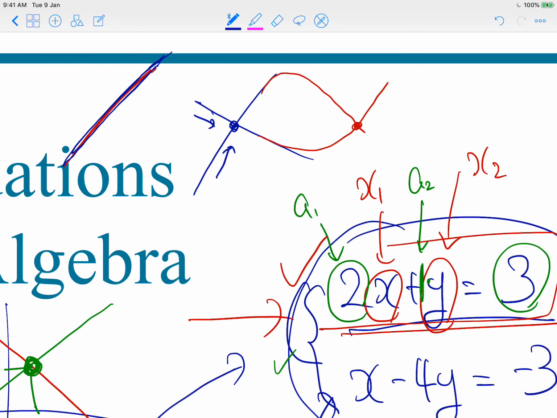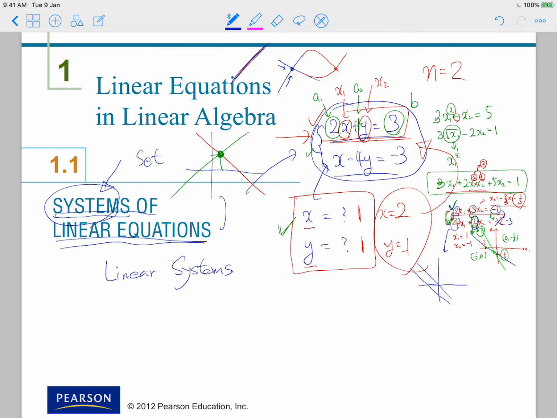Okay, so far we only consider one linear system at a time. One linear system is composed of multiple linear equations, and we have to find the solutions that satisfy each of our linear equations simultaneously.